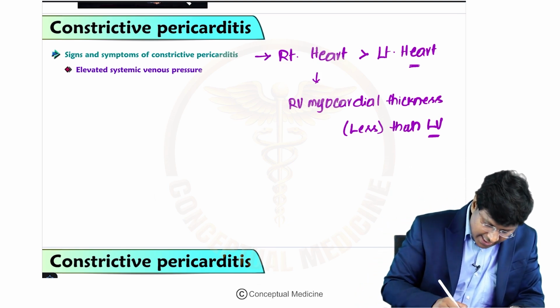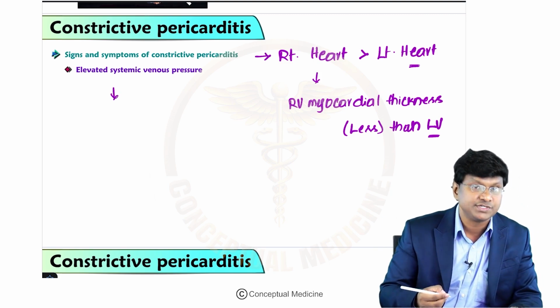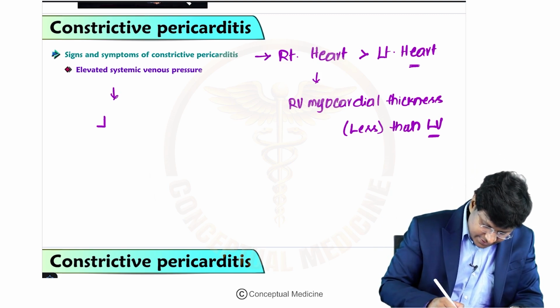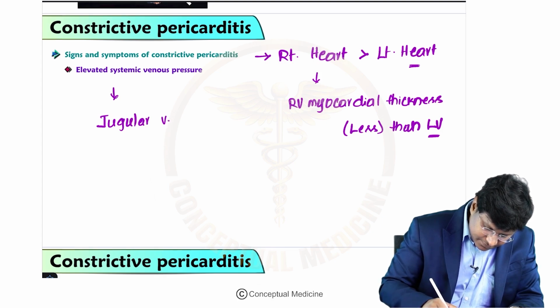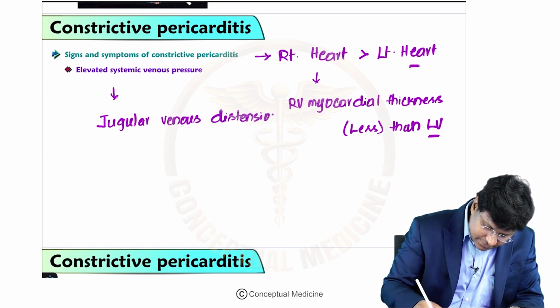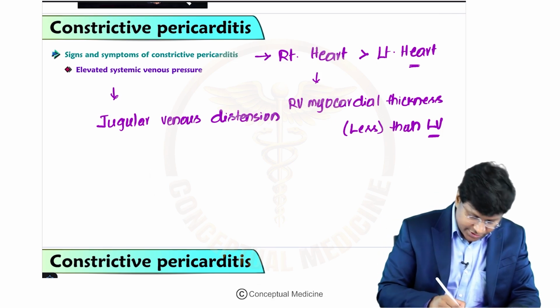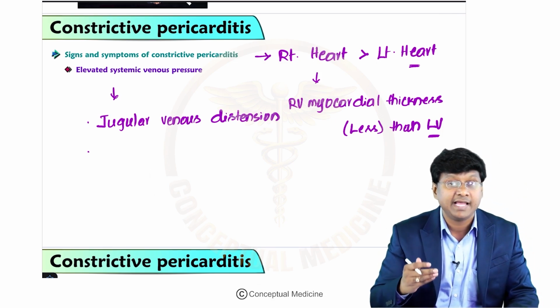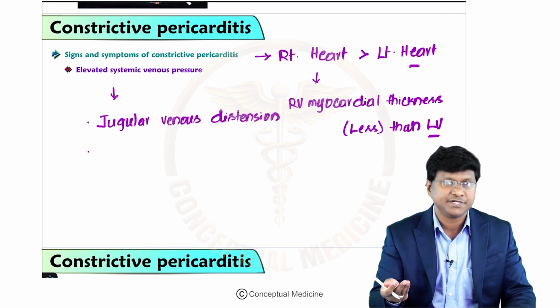Okay. So accordingly, what will be the manifestations? There will be jugular venous distension, and you will have increase in the IVC pressure.